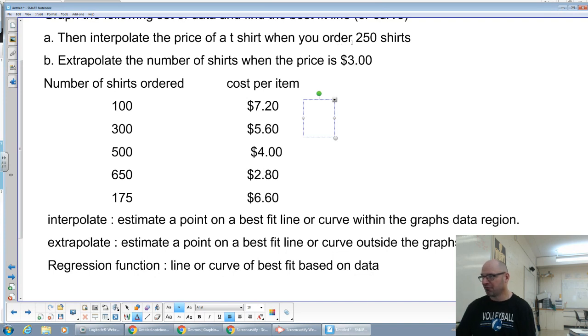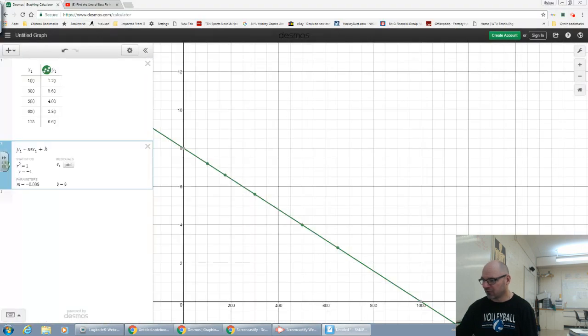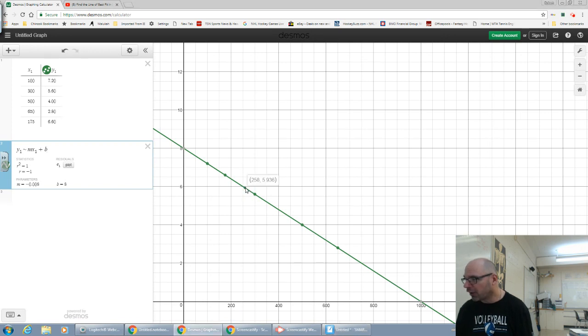So we got to use our line for that. We can print this out and do that. But 250, if we go along the line here and push our mouse down, we could slide this along the line. Okay, and so I'm going to go to 250.